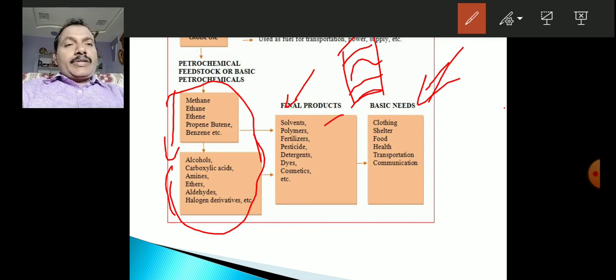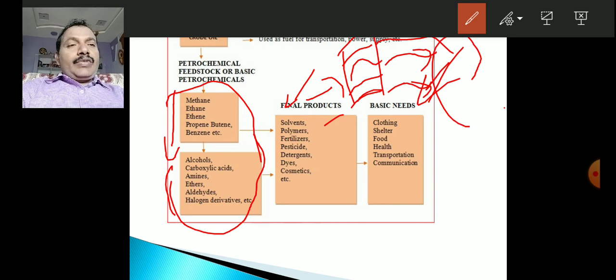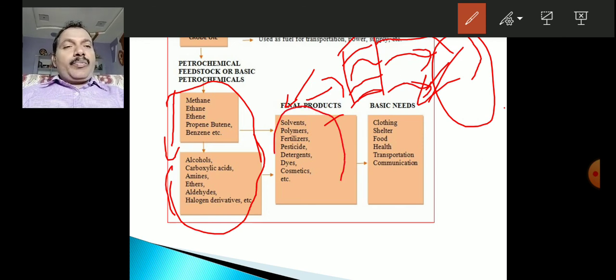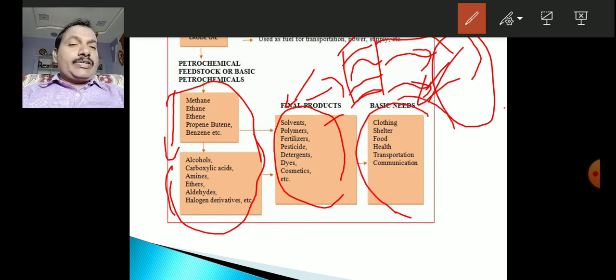The crude oil pumped into the atmospheric distillation column produces methane, ethane, propane, butane, benzene, naphtha and similar products, which are once again cracked with the help of the FCC, fluid catalytic cracking method, so that we have the final products.